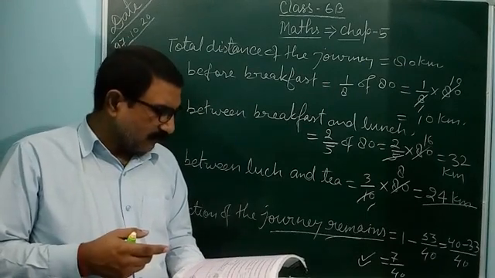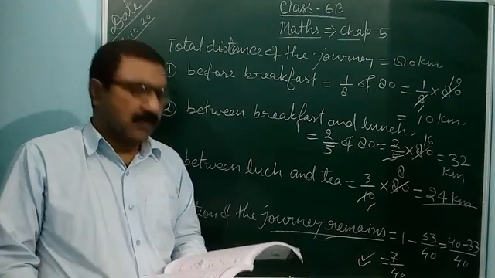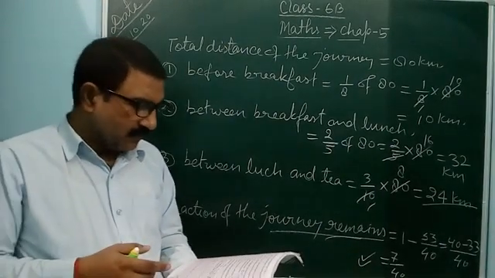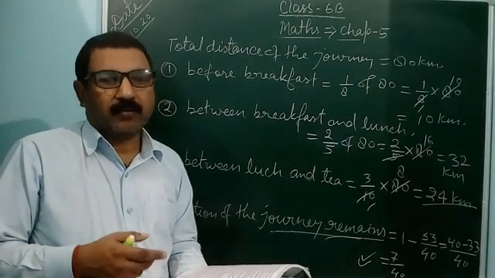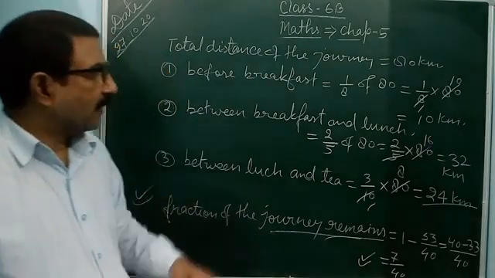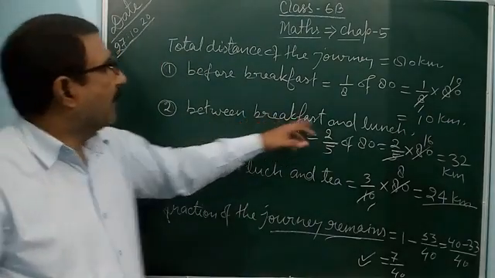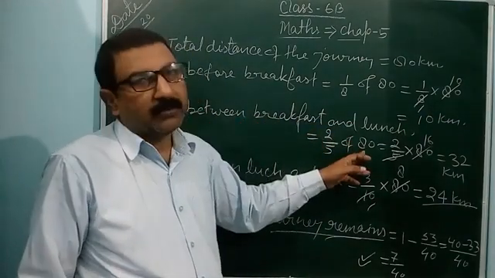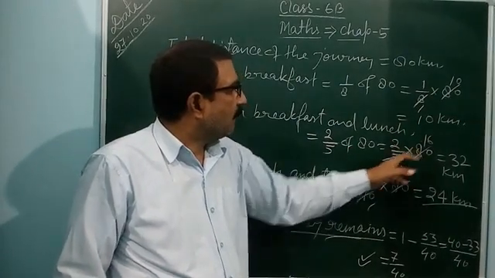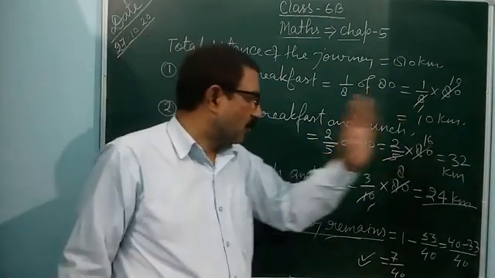If the whole distance is 80 kilometers, how much do I ride in each interval? Before breakfast, 1 by 8 of 80 kilometers is 10 kilometers. Between breakfast and lunch, 2 by 5 of 80 kilometers: 5 16s are 80, 16 2s are 32 kilometers.